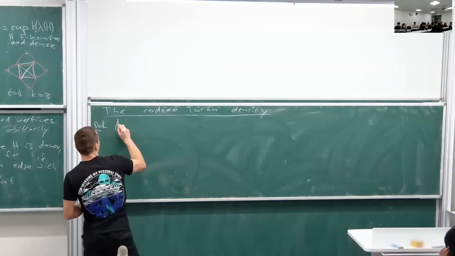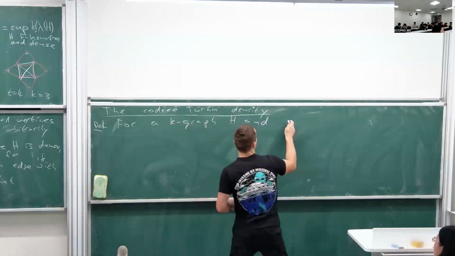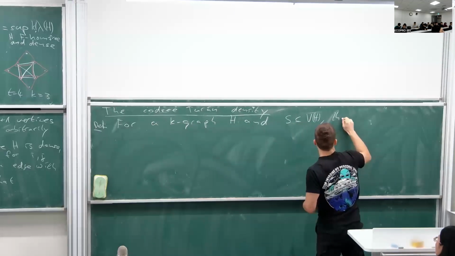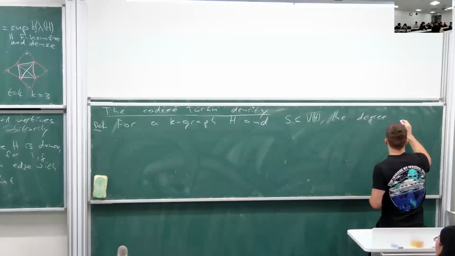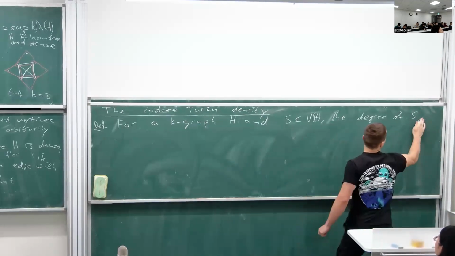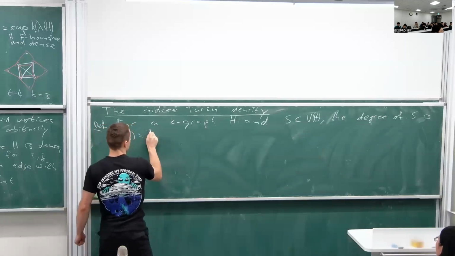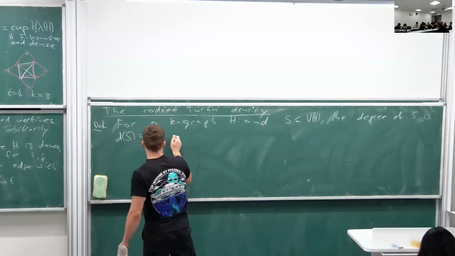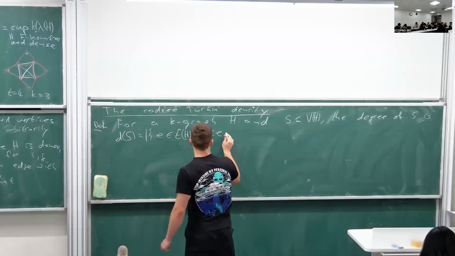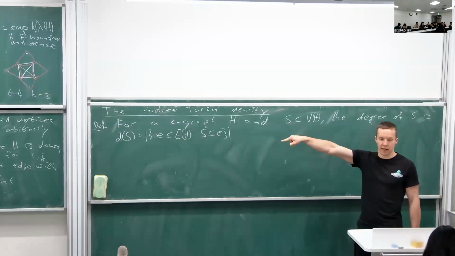So generally for a k-graph H and some vertex subset S, the degree of the vertex subset S, d_H(S), is the number of edges which contain S. So in particular, if S is just a singleton, then this is just the degree of the vertex.